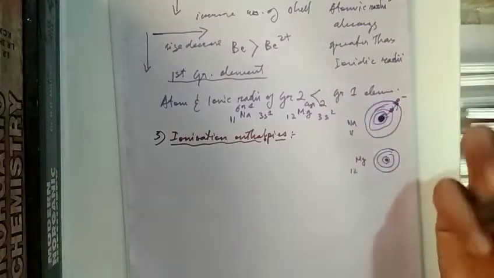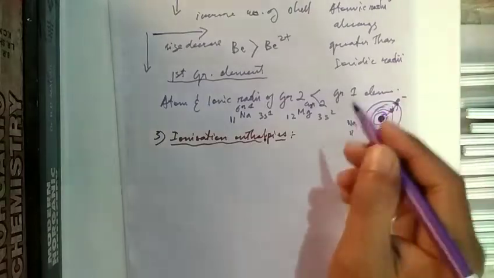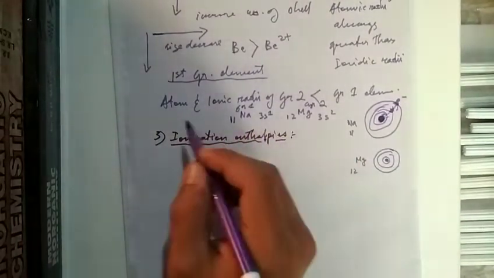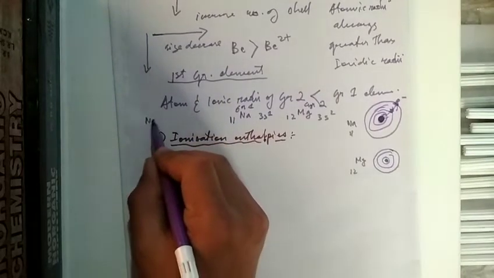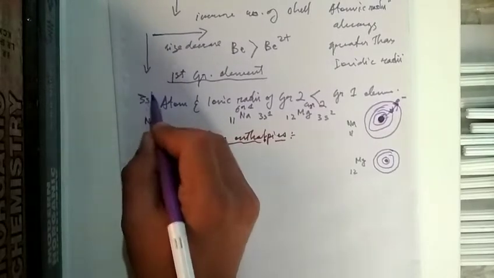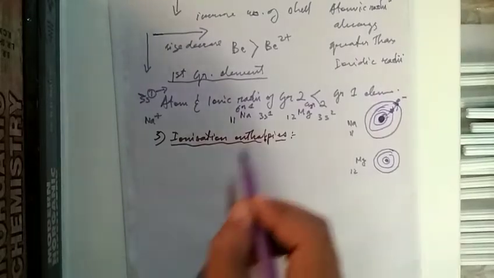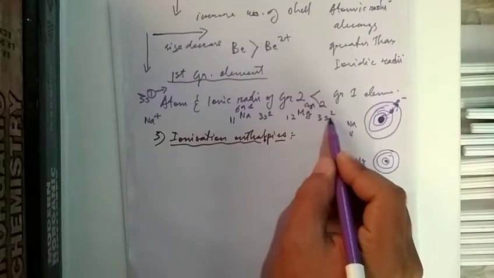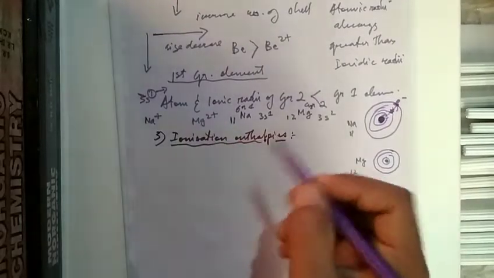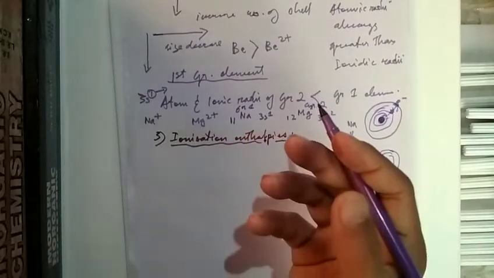That means the attractive force between the nucleus and the electrons is greater. Usually you will find that Na, because of its configuration 3s1, loses only one electron and becomes Na+. But Mg, 3s2, becomes Mg2+ by losing two electrons, and it has a tendency to lose two electrons more easily.